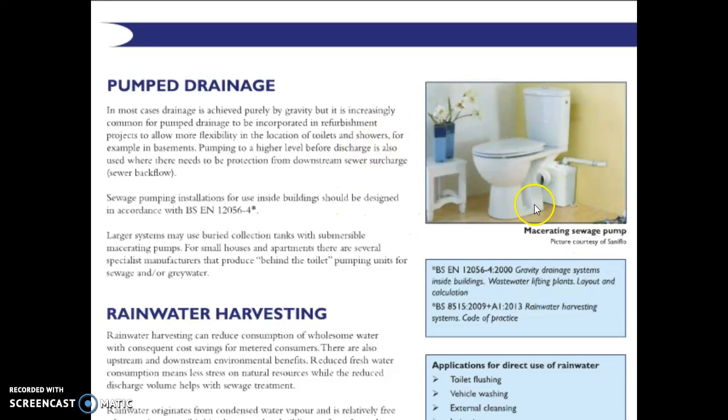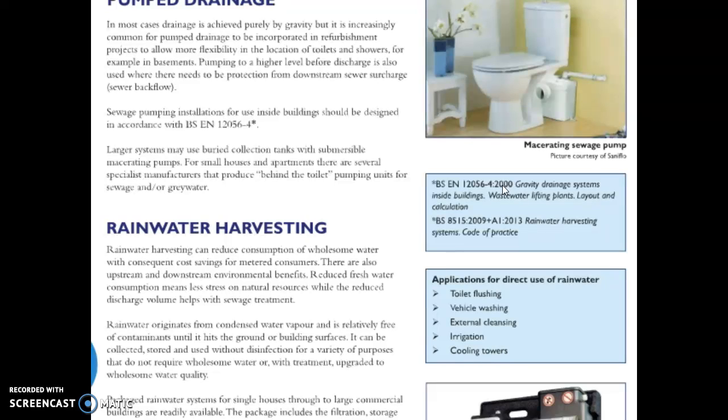That's particularly useful when we have drainage in a basement area, and that basement area is at a lower level than our sewer outside, so we'd need to pump it up to the sewer. However, try to avoid these, because there's just another piece of maintenance work we need to look after.